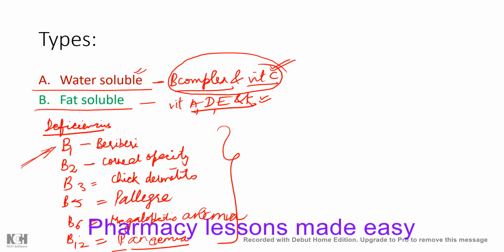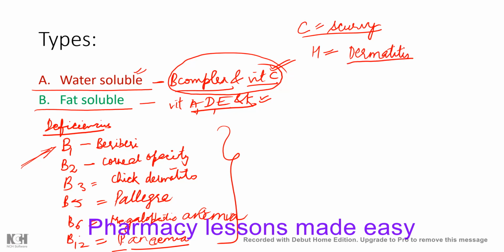If we talk about vitamin C, its deficiency causes scurvy, okay, and vitamin H, which is also called biotin, its deficiency causes dermatitis. Okay, so this is vitamin H which causes dermatitis.